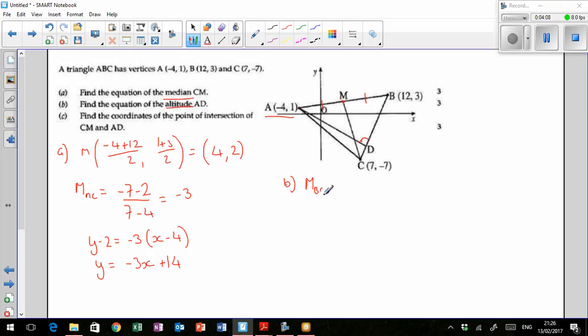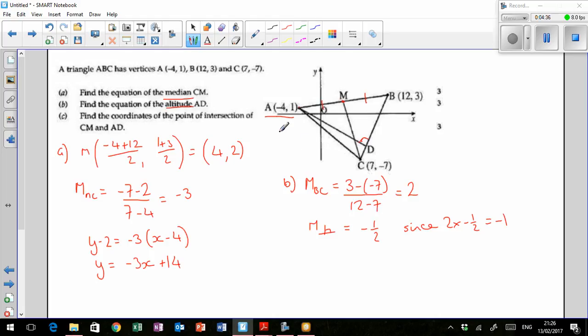So the gradient of BC, 3 subtract negative 7 over 12 subtract 7, so that's 10 over 5, which is 2, which means the gradient of your perpendicular, or in this case the altitude, is going to be negative 1 over 2, since 2 times negative a half is equal to negative 1.